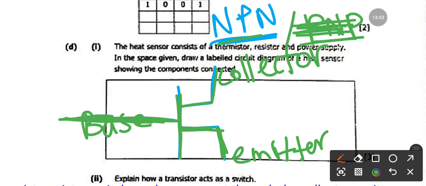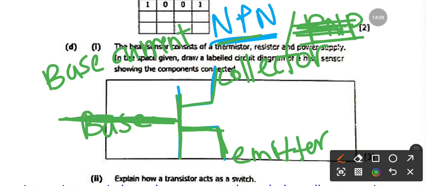This part here called the base works in such a way that if a current flows through this base, which we call a base current, then the transistor will conduct electricity between the collector and emitter. Okay, then if we don't have a base current through this base here, the transistor does not conduct electricity between the collector and the emitter.